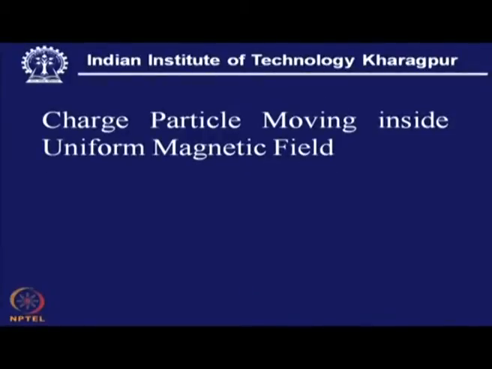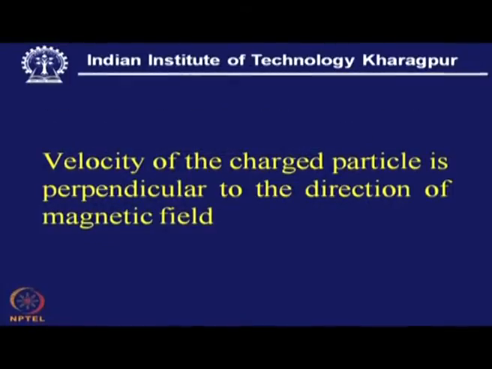Now, let us look into a charged particle moving inside a magnetic field. What happens to it? A charged particle is moving inside a uniform magnetic field, and there are two cases.